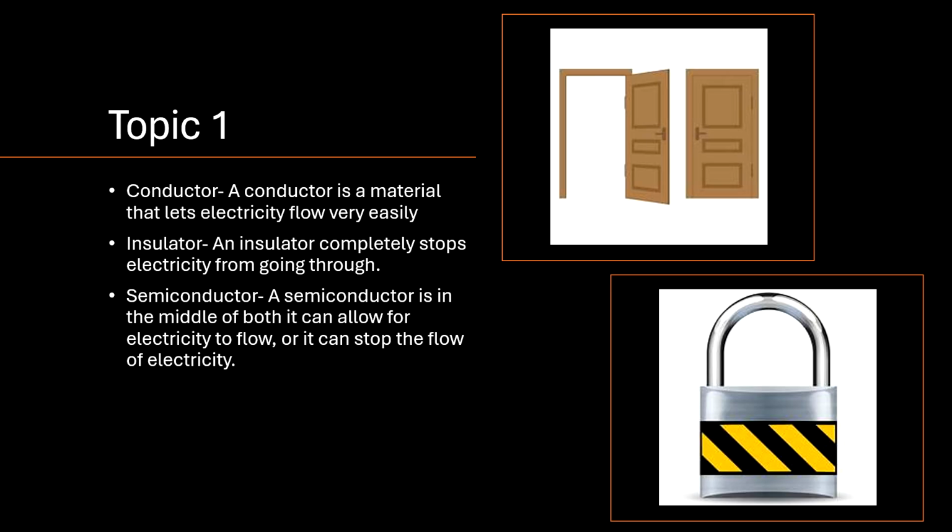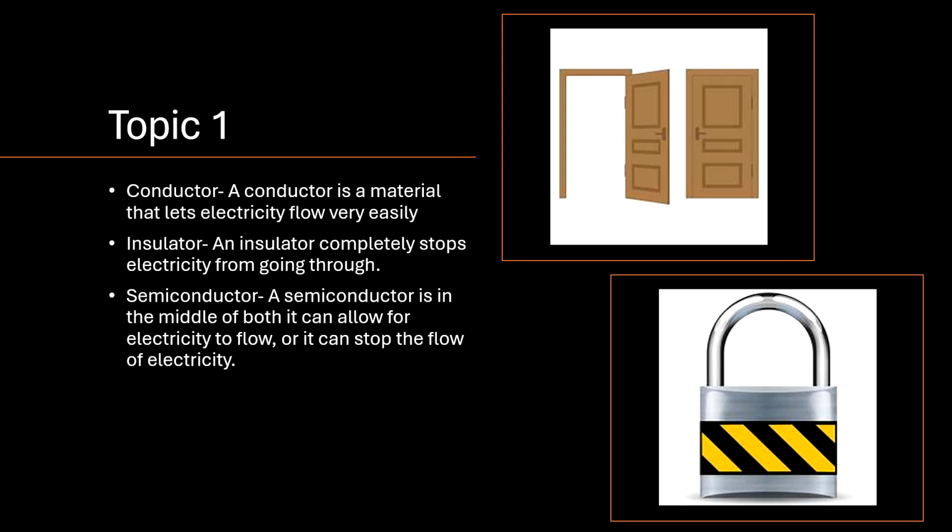Now, when we think of a semiconductor, think of the semiconductor as a lock, as you can see down here. If you put a lock on a door, then the only way you can get in is if you have a key for it. If you have the key, you can open it, and then you can allow electricity to flow in and out.